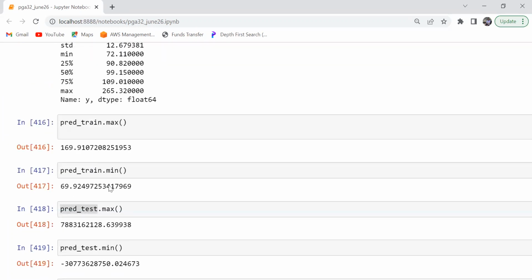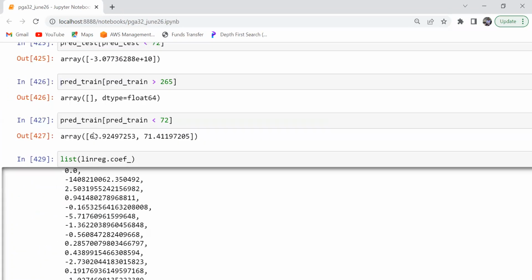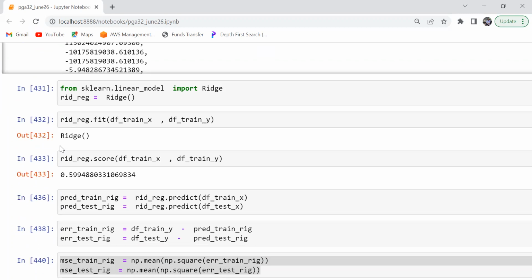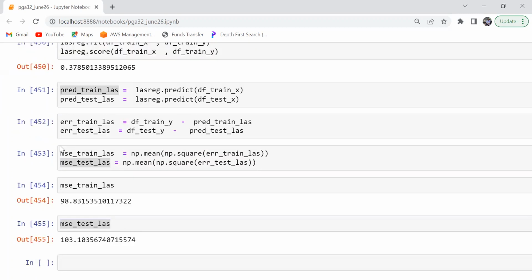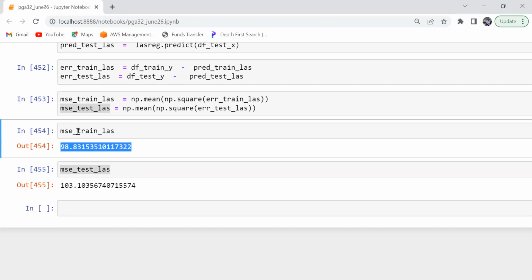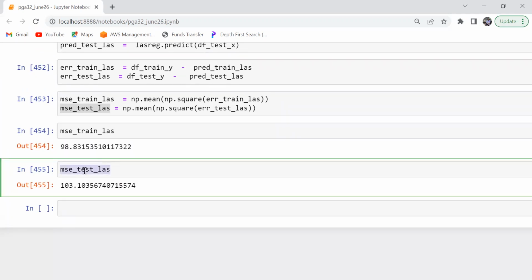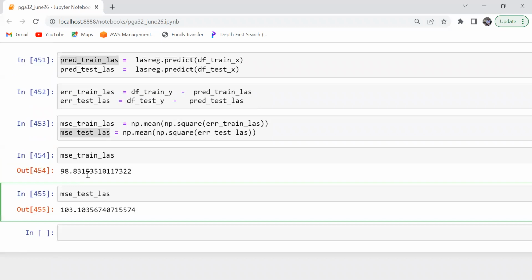Now you compare your MSE in train Lasso: from 63, it has increased to 98. But on test, it has heavily decreased. Remember, error in Lasso would be more than your error in linear. So on your train data the errors are increasing, and if errors are increasing on train, chances of overfitting will automatically reduce. That is what is happening.